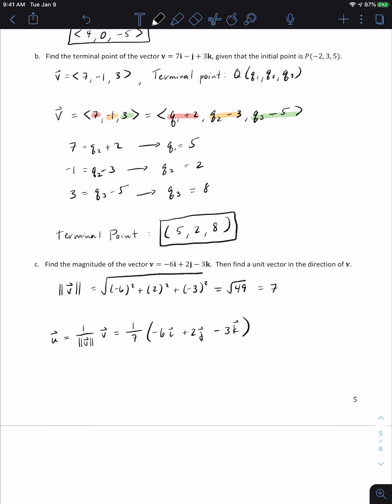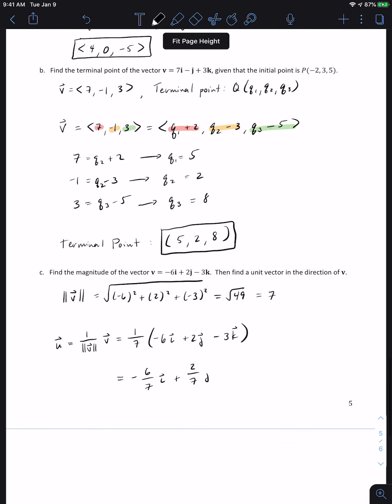So I just need to distribute that 1/7, so I end up getting negative 6/7 i plus 2/7 j minus 3/7 k. And that is my unit vector in the direction of v in the standard vector notation here, the ijk notation.